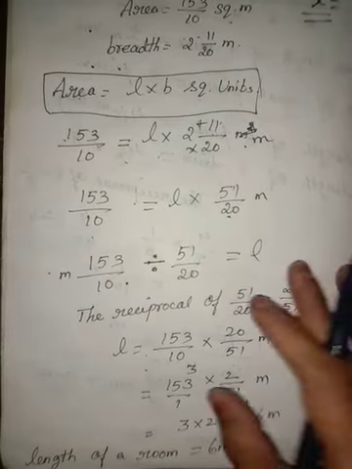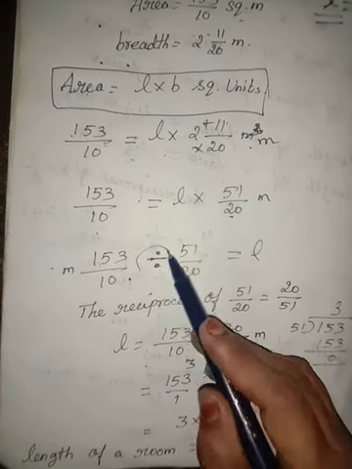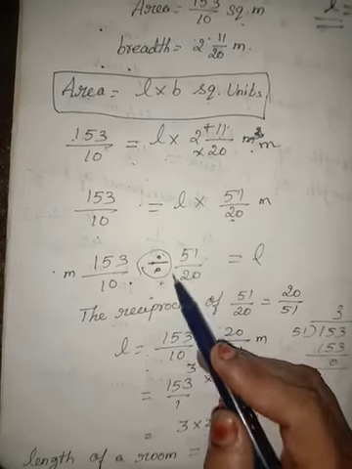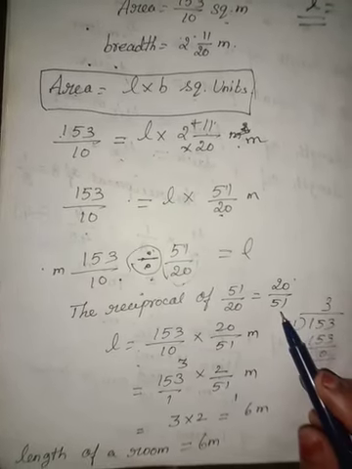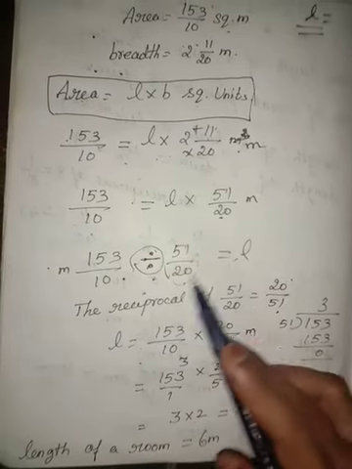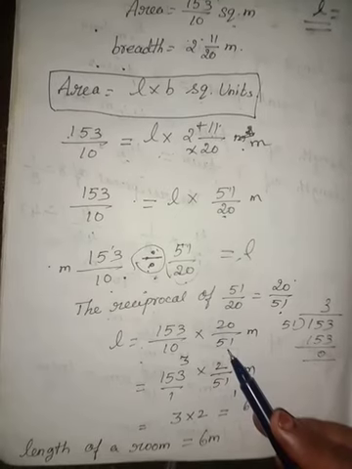Interchanging the left hand side and right hand side, we should change the sign, that is divide. So find the reciprocal of 51 by 20. We get 20 by 51. Now L is equal to 153 by 10 into 20 by 51.